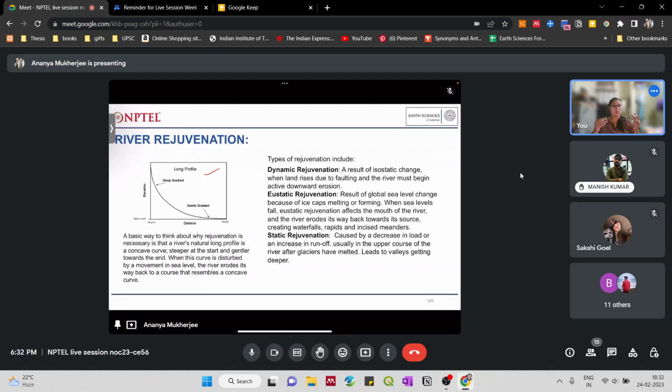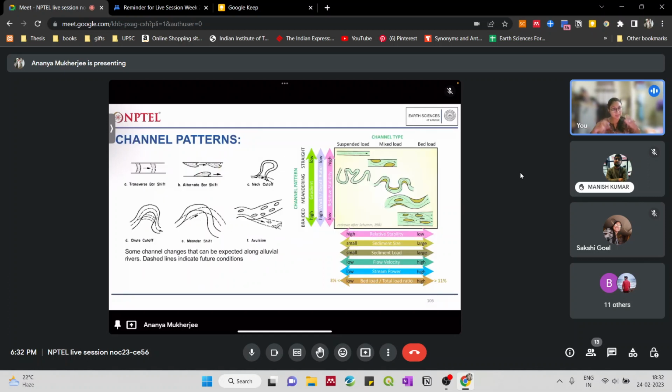This may be due to a disbalance in the rate of erosion and the rate of deposition, or the sediment supply that the stream is carrying, or maybe there is a tectonic disturbance in that area. So the channel patterns that are formed will be a response to the changes in these factors.